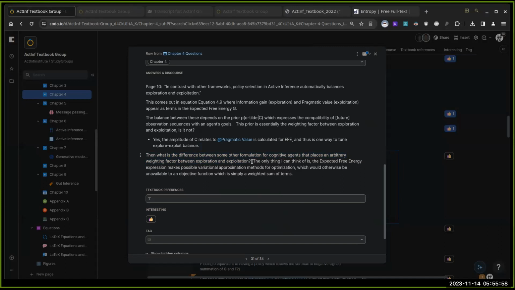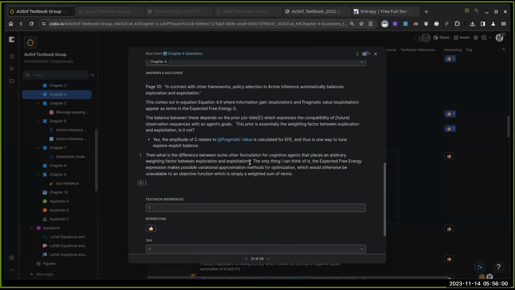But as this question highlights, one of them would be that a traditional way to approach this problem or tension is to have an explicit weighting factor between exploration and exploitation. Whereas in the ActInf generative model, you don't have an explicit trade-off factor. You just have the generative model, and then in different environmental settings, it is going to have different arising behaviors.